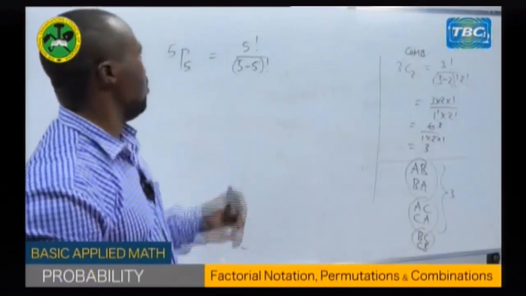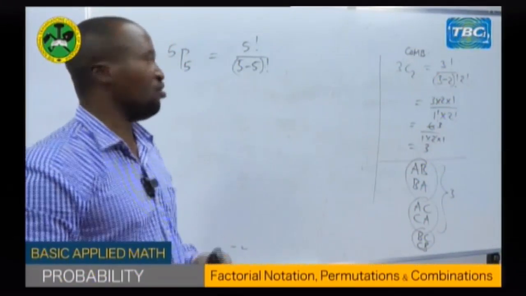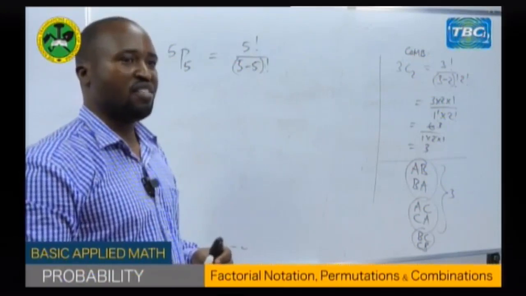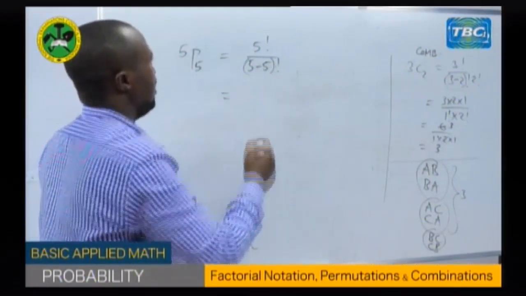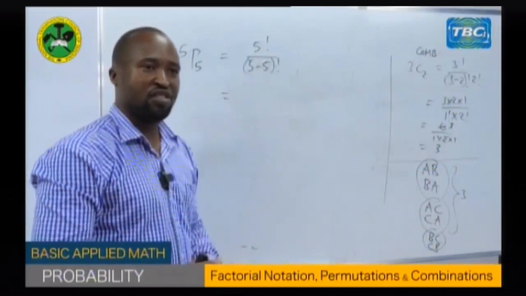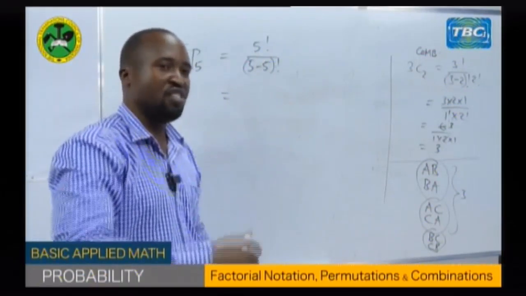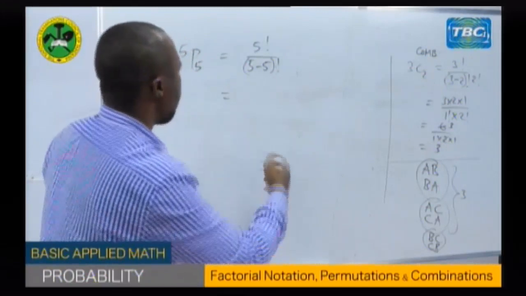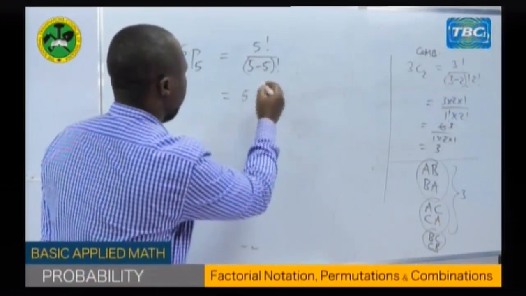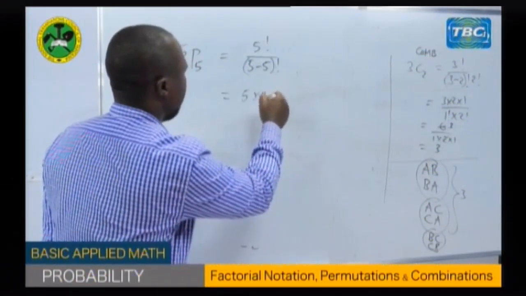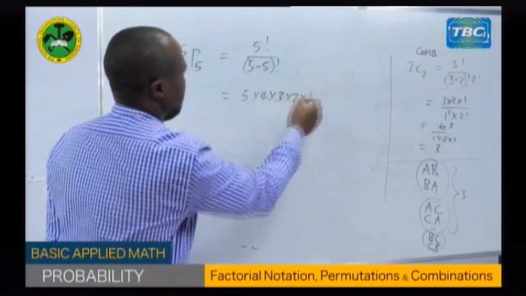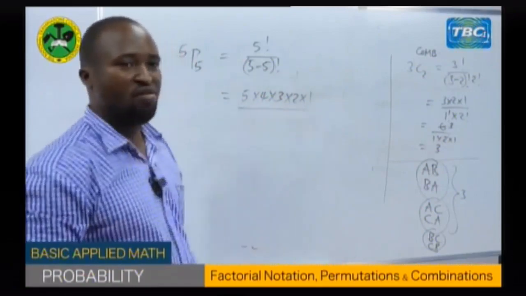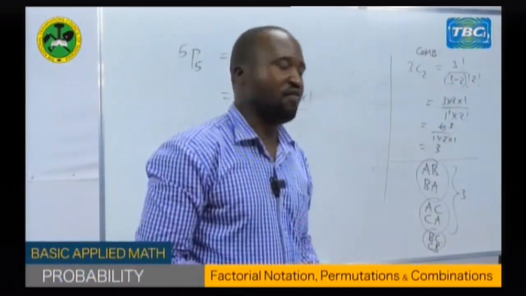That is why we just plug in 5 factorial over 5 minus 5 factorial, which is the same as, remember the expansion for 5 factorial, our first definition of factorial notation. This is equal to 5 times 4 times 3 times 2 times 1 over, then we have 5 minus 5.